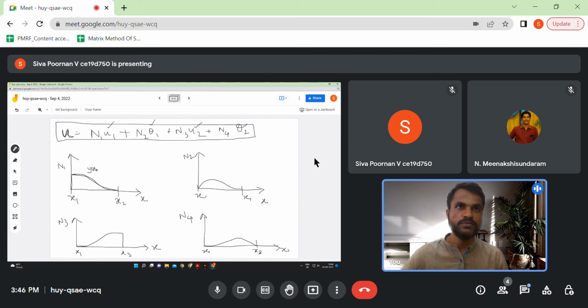That y of x will be nothing but N1. Similarly find y of x in this case, this beam, that will be N2 and so on. Anyway, you can work out the shape function or interpolation function, right? I hope this gave a bit of an idea on how to find the intermediate displacements, right?